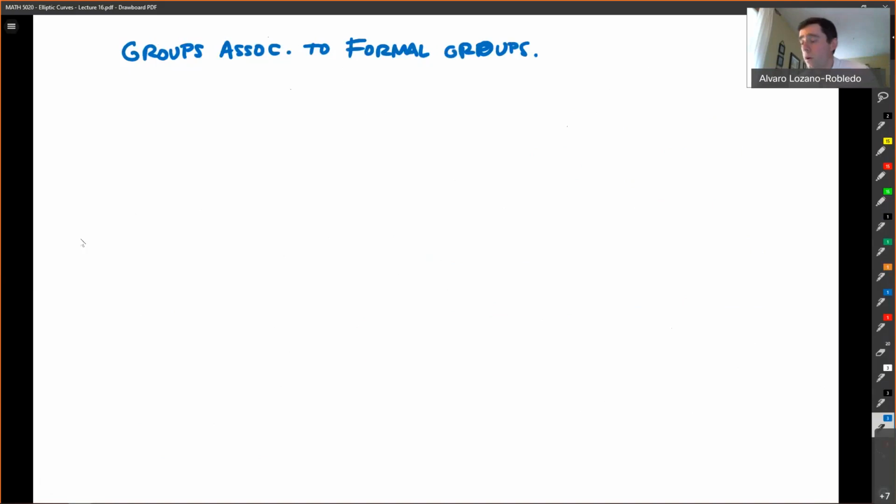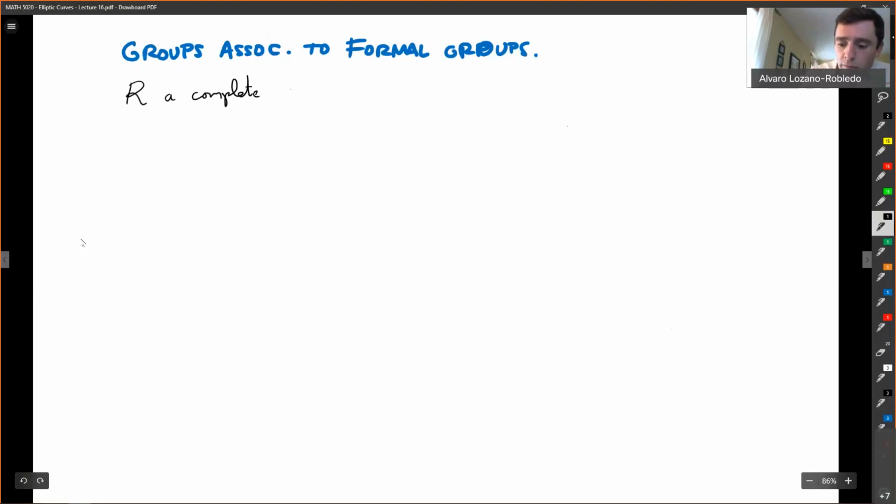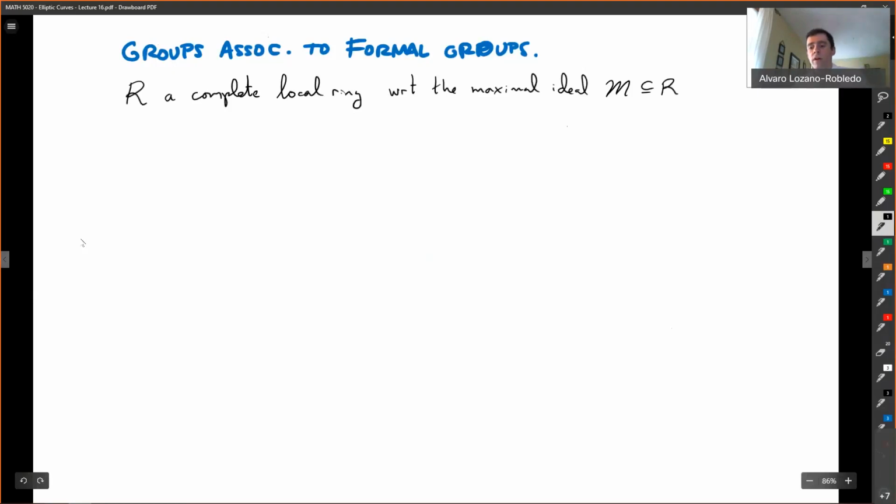Now we are going to think of R to be a complete local ring with respect to the maximal ideal M in R. So it's local, there is only one maximal ideal, and we're going to take little k to be the residue field.